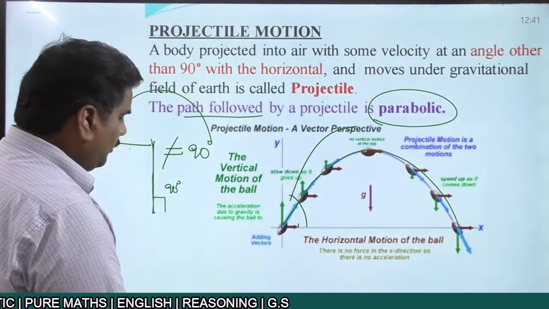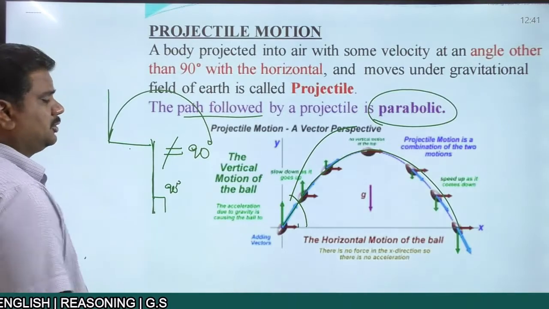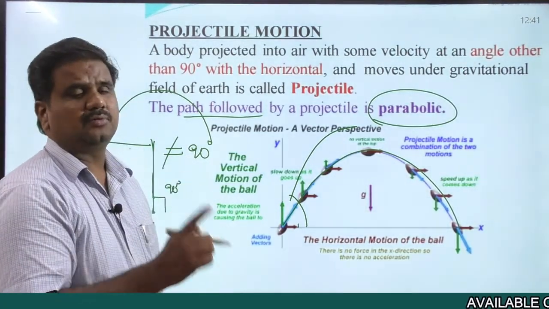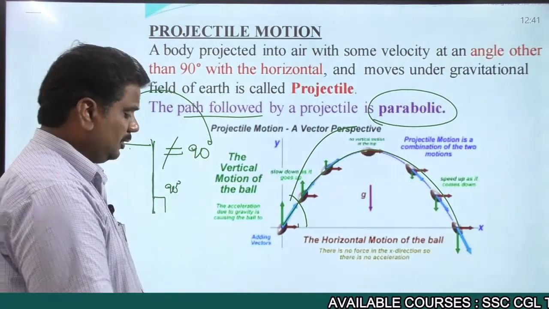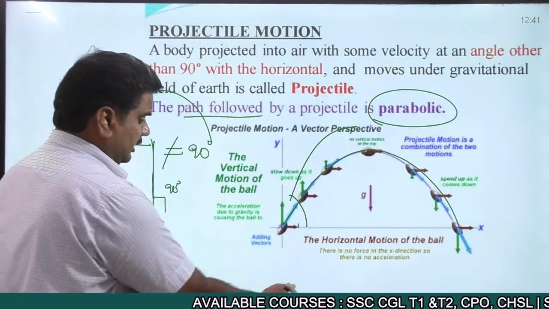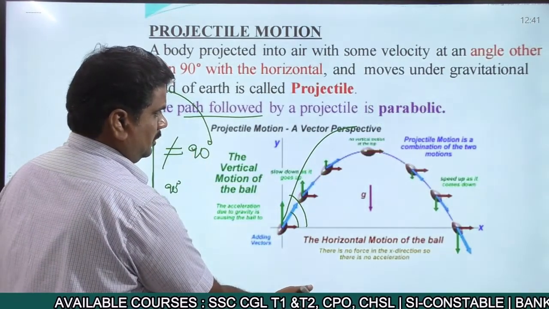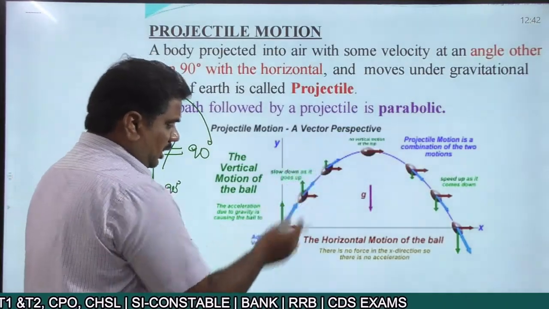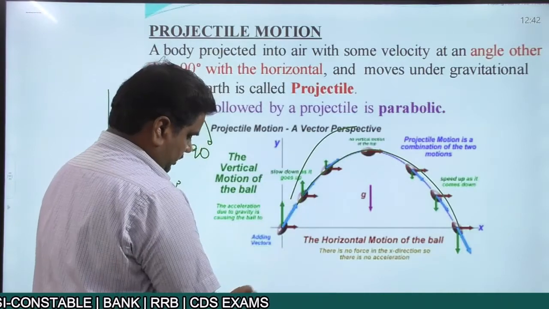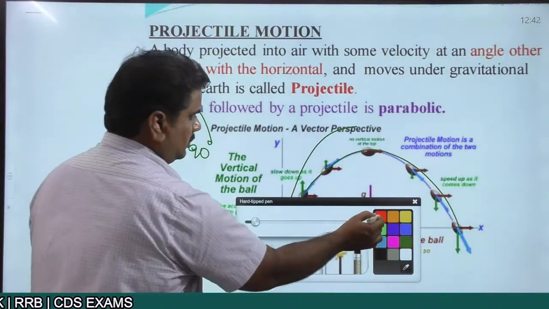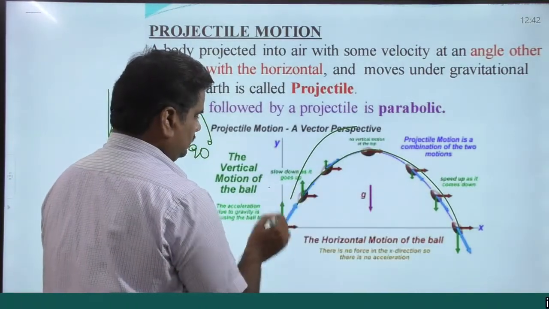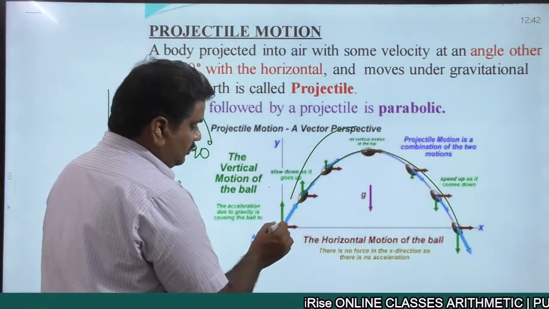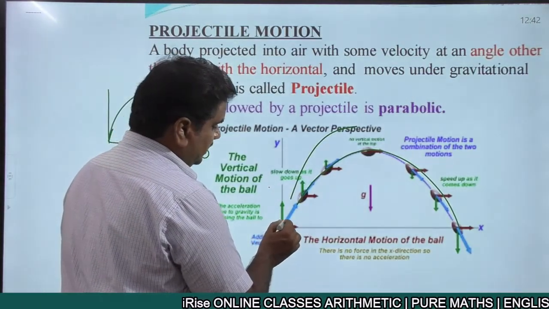So when you're talking about these projectiles, each and every projectile has two different types of velocities. One is the horizontal velocity, the other one is the vertical velocity. Now we'll see what those are. Right. Now here in this particular case, the moment the object is projected from this particular point, the height of the object is continuously increasing.